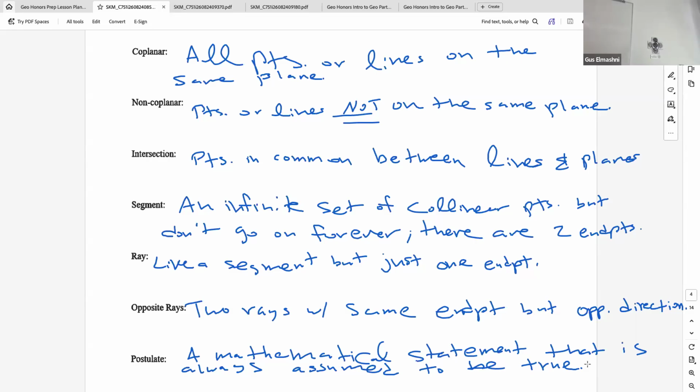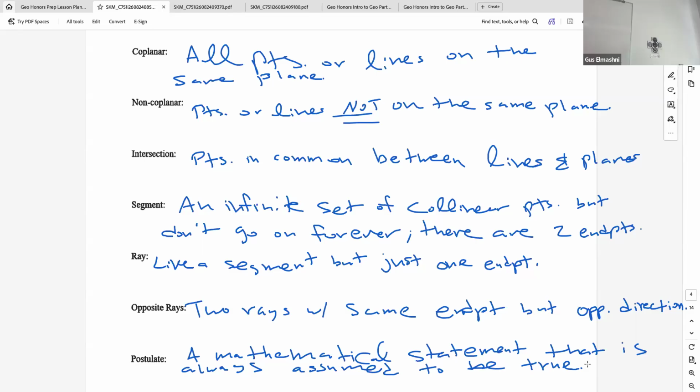Non-coplanar would definitely be those points, not right next to each other, points like off the plane. Yeah, you gotta think in three dimensions.